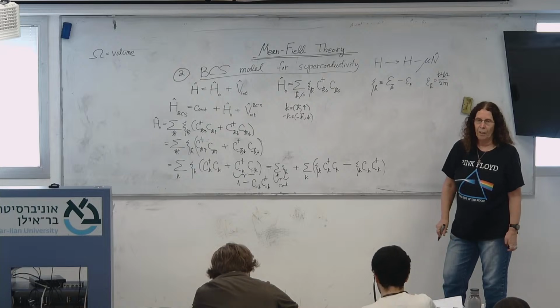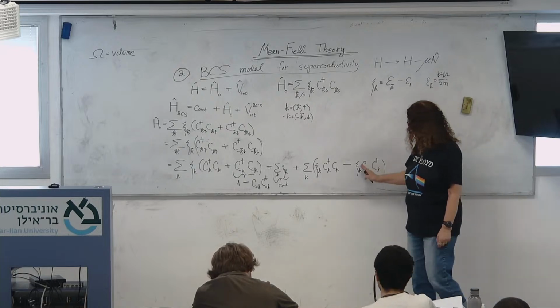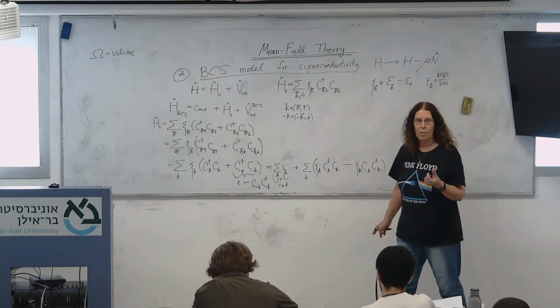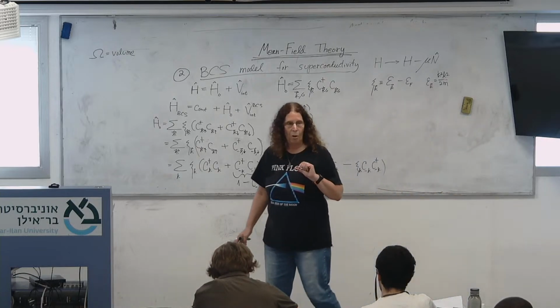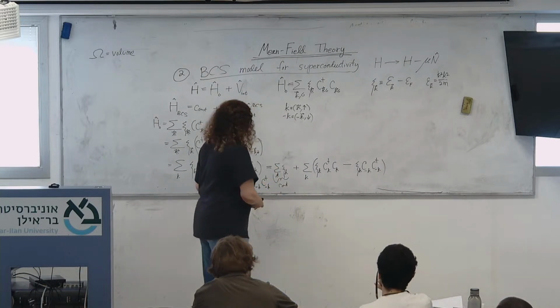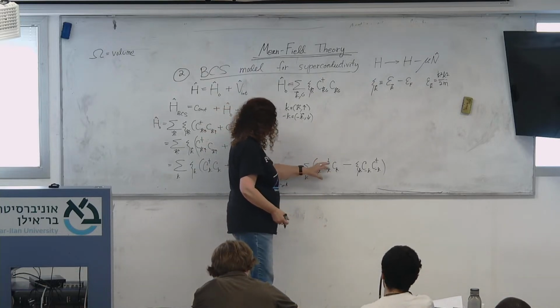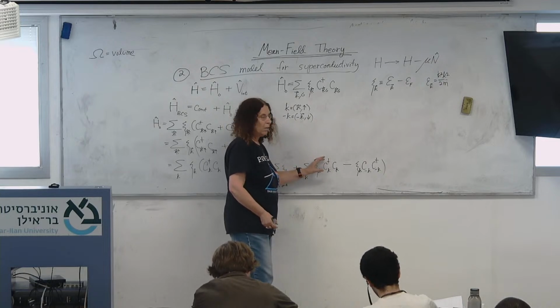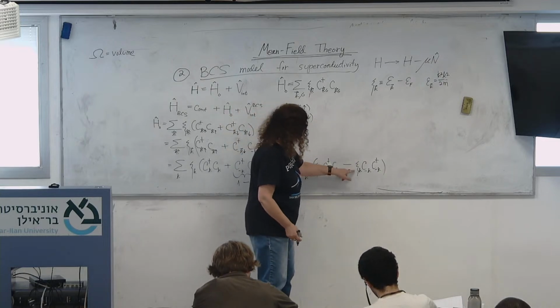So what have I done here? Basically, when I switch between C and C dagger, it's like changing between an electron and a hole. So the first term describes a particle-like part, and the second part has a negative energy.